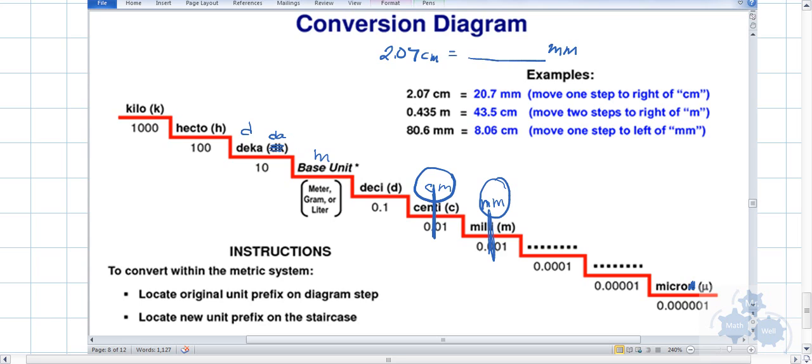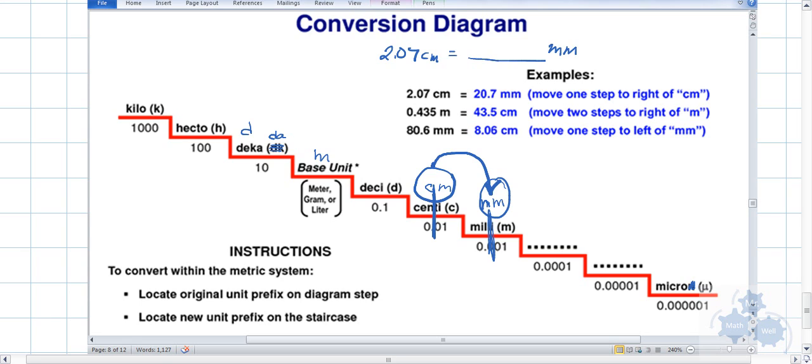So you find out where you are, where you're going to. And this is so easy, it's amazing, it's awesome, okay? So what you do is you say, I'm starting here, and I need to go here. Now, what you're doing is you're going down the staircase to a unit that's smaller, but more importantly, you're moving to the right.